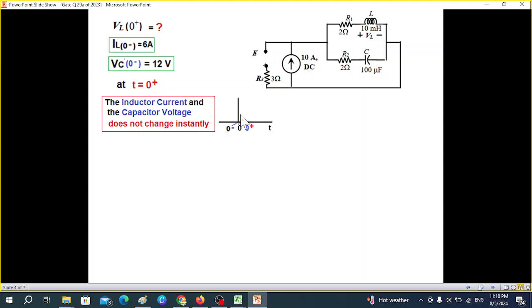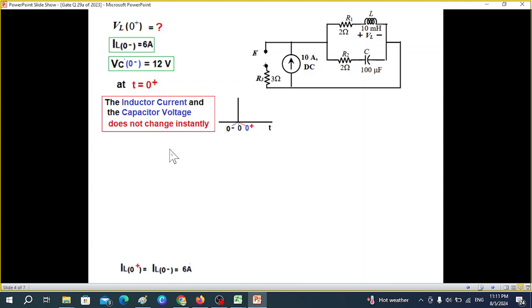That means if this is 0, slightly before is 0 minus, and slightly after is 0 plus. So whatever is the inductor current or the capacitor voltage at 0 minus, it will remain the same at 0 plus. It will not change instantaneously. Gradually, it will obviously change, but at this point, it will remain the same.